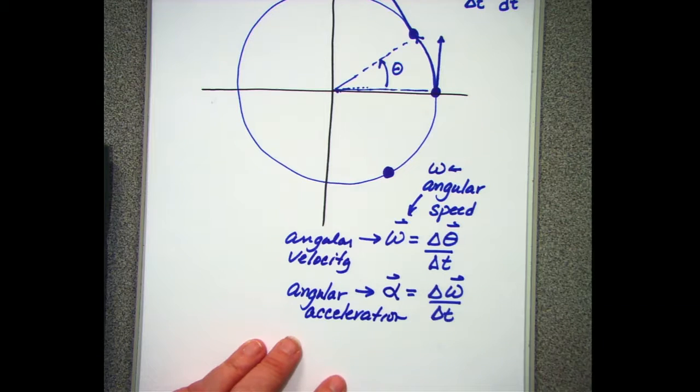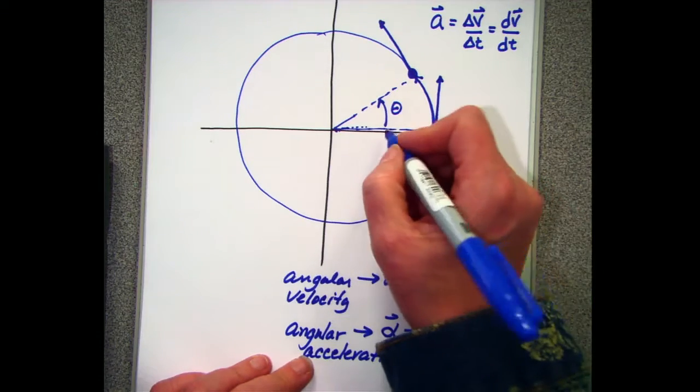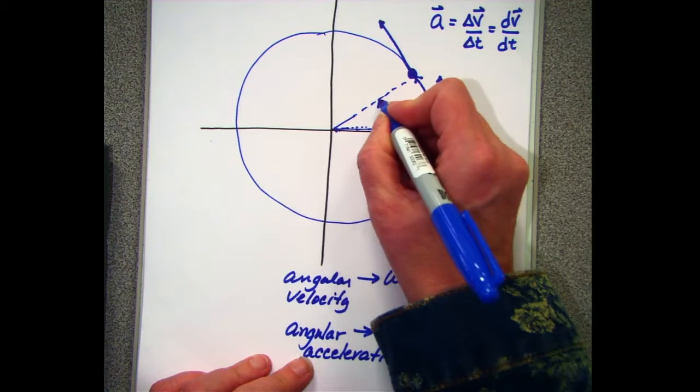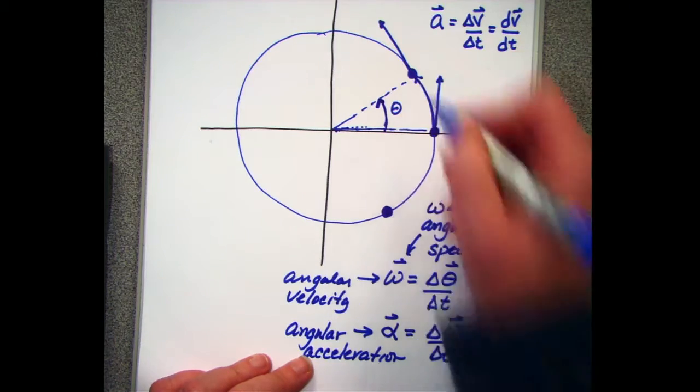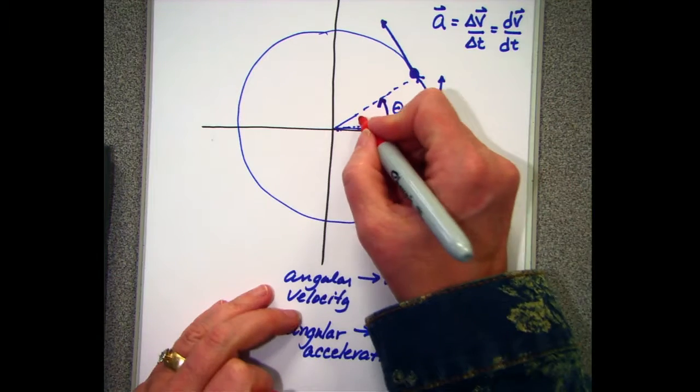Some interesting things when you think about this, right? If I'm on a merry-go-round or a carousel, it doesn't matter whether I'm traveling along this arc or that arc or this arc.